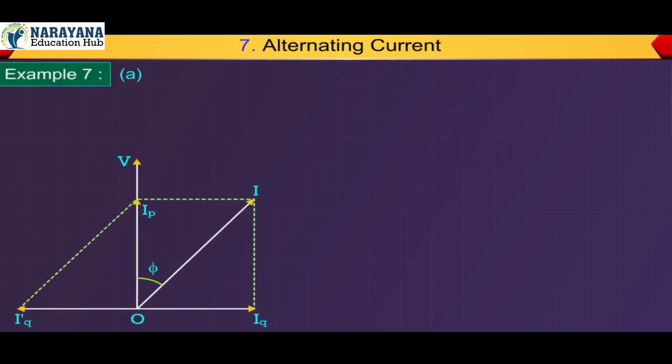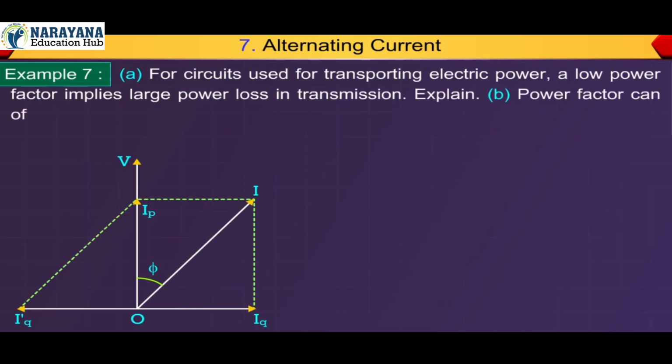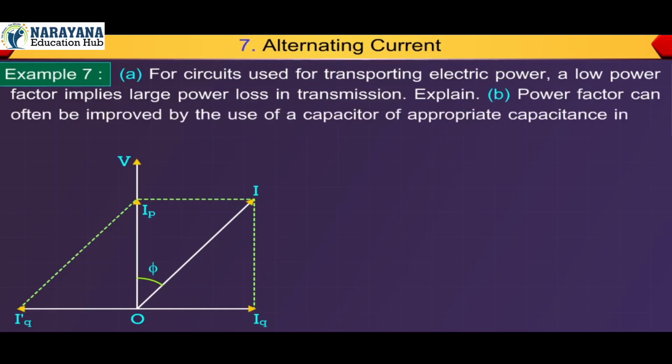Example 7. a. For circuits used for transporting electric power, a low power factor implies large power loss in transmission. Explain. b. Power factor can often be improved by the use of a capacitor of appropriate capacitance in the circuit. Explain.